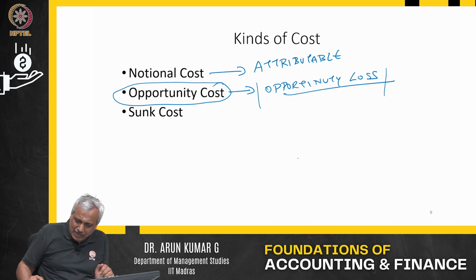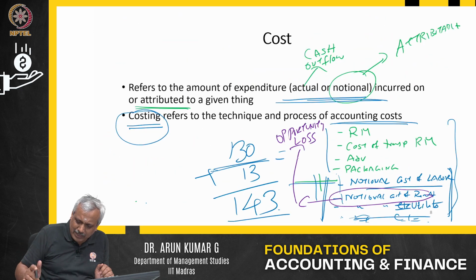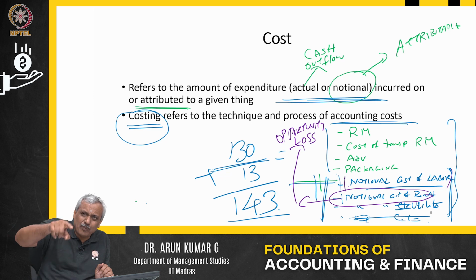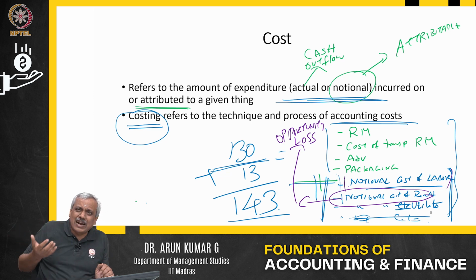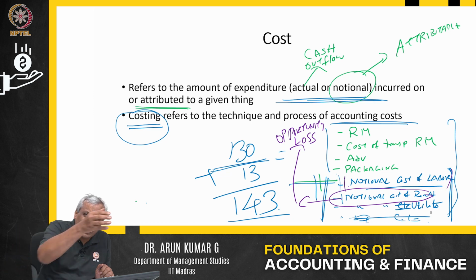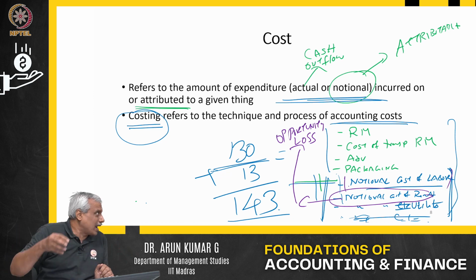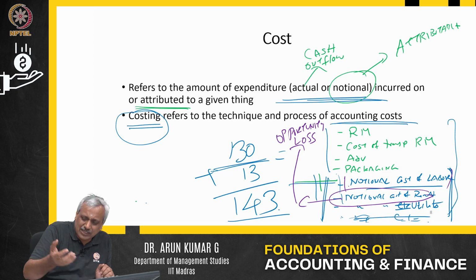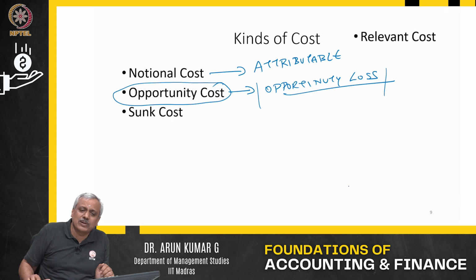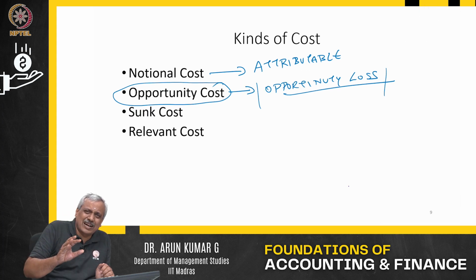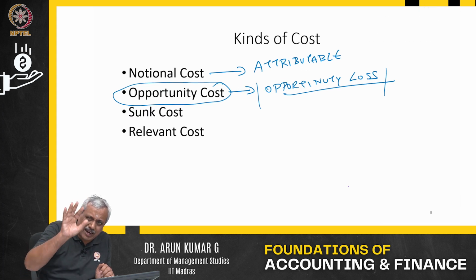The notional cost of labor that you took will be the opportunity cost, because I have quit the job and lost the opportunity to earn, and I am manufacturing this toy instead. So there is an opportunity loss. So opportunity cost comes in, and notional cost does not come in in that case. Opportunity cost comes in only when there is an opportunity loss. If there is no opportunity loss, it does not come in.